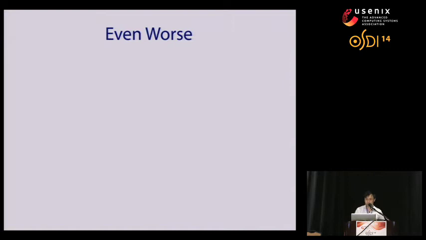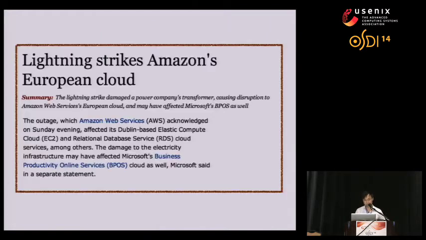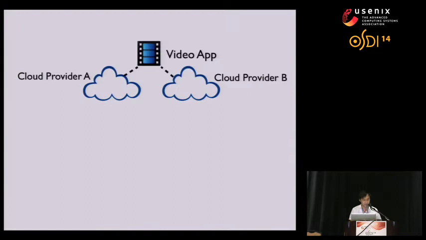Even worse, it becomes more challenging to handle correlated failures across redundant cloud providers. Lightning damaged the power source supporting Microsoft and Amazon services in Dublin 4 years ago. The damaged power source led to correlated failures across a lot of cloud providers. Applications redundantly using those cloud providers became unavailable at the same time, despite the redundancy efforts.